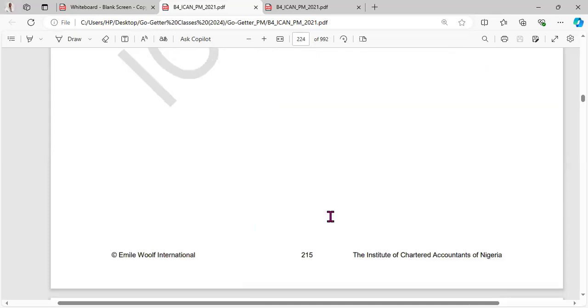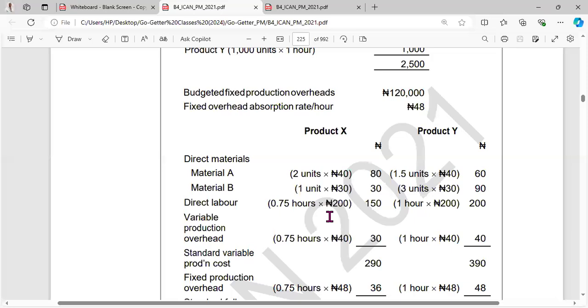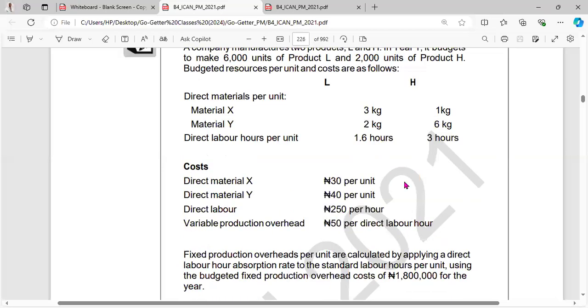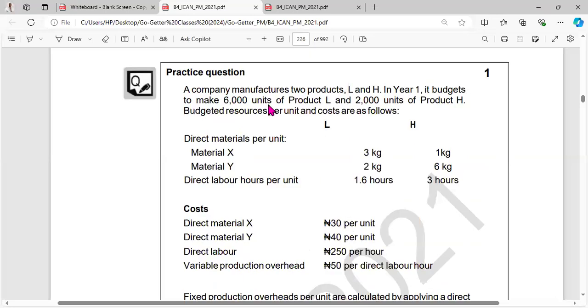All right, so now let's look at a practice question. A company makes two products, L and H. In year one, it budgets to make 6,000 units of product L and 2,000 units of product H. Budgeted resources per unit and cost are as follows.